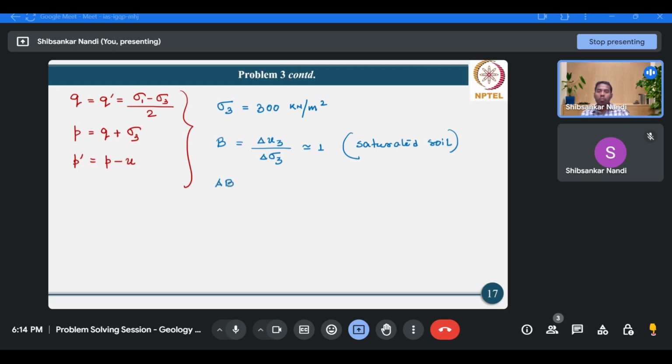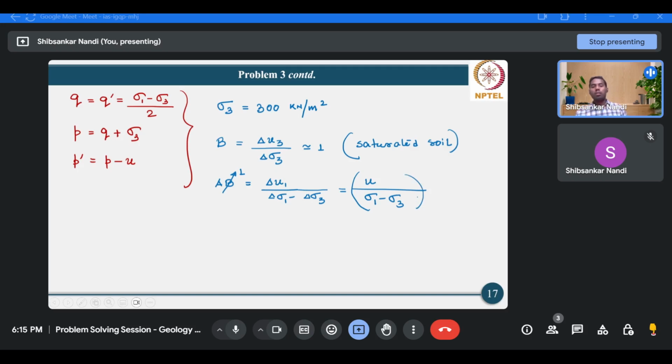And AB, the product of parameters A and B, if B is 1, can be represented as delta u1 by (delta sigma 1 minus delta sigma 3). Now for a consolidated undrained test, this delta u1 you can write as a simple u value.